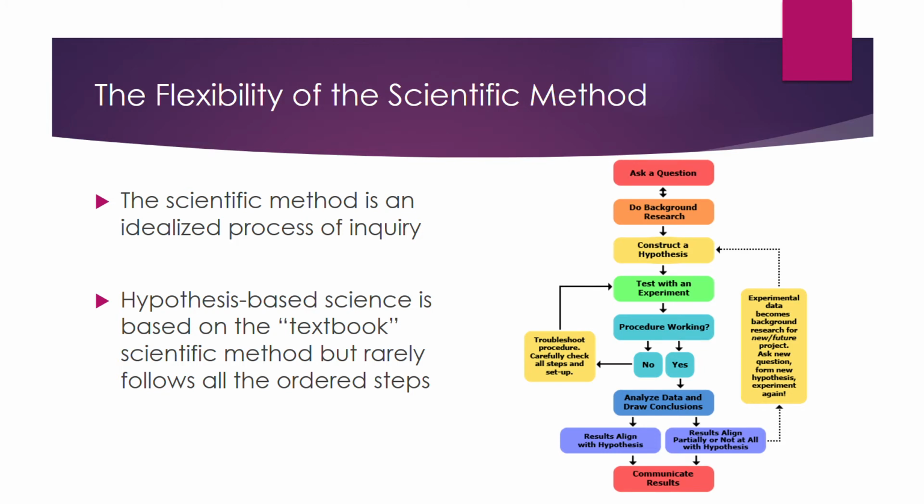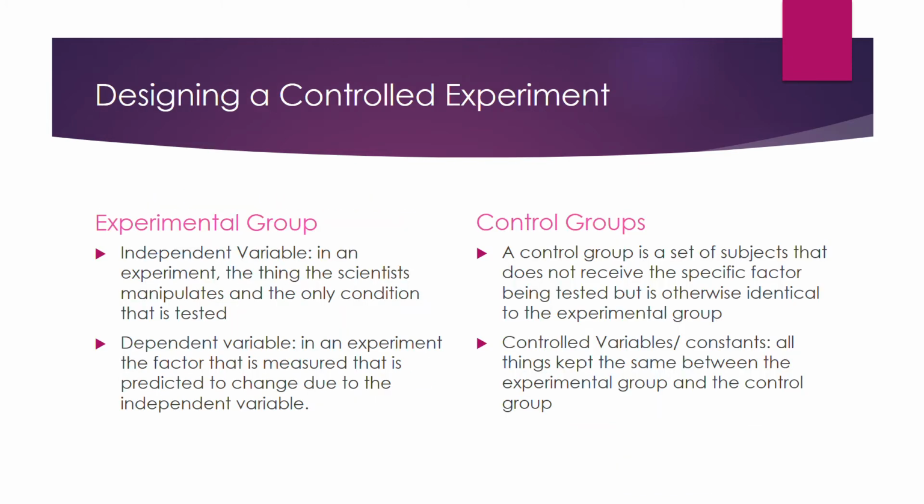All right. So we know that there's flexibility in the scientific method, but when we carry out an experiment, the researcher has to manipulate a factor in the system and then observe the effect of the change. So a controlled experiment is one that's designed to compare an experimental group to a control group.